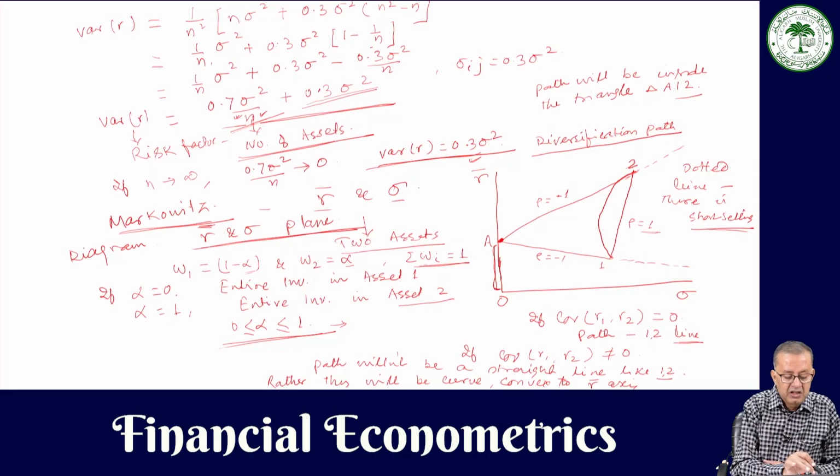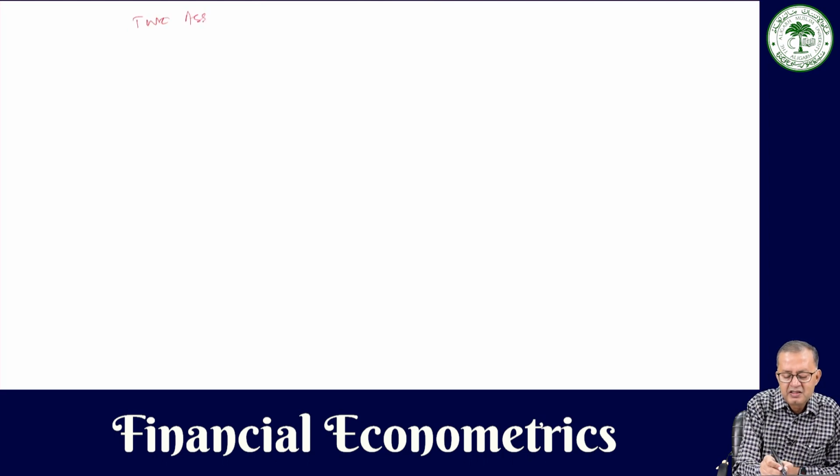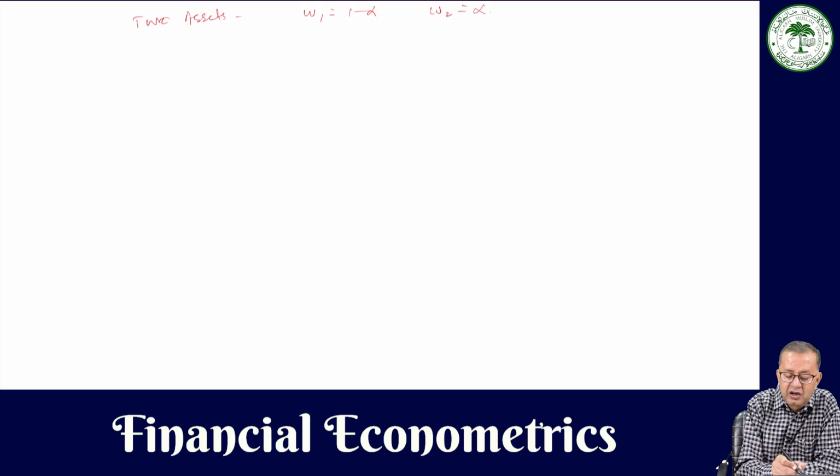So the value of this height, suppose two assets are there, we have taken two assets where W1 is equal to 1 minus alpha and W2 is equal to alpha. So what about the mean return R bar alpha?